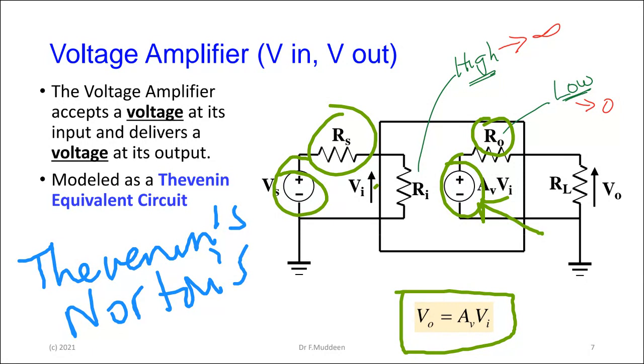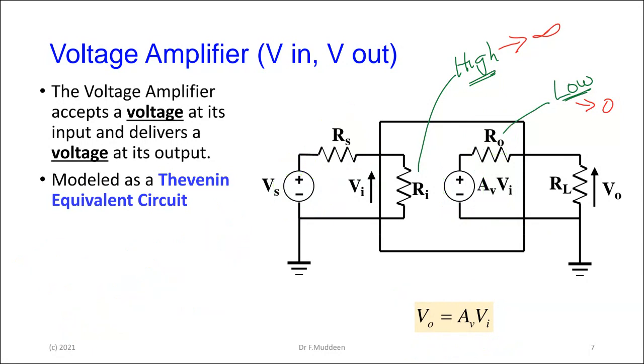Ideally, of course, we want the input resistance to be very high, so that most of the input signal appears across Ri. If Ri is much higher than Rs, then Vs and Vin are, for all intents and purposes, equal. In theory, Ri is supposed to be infinite.